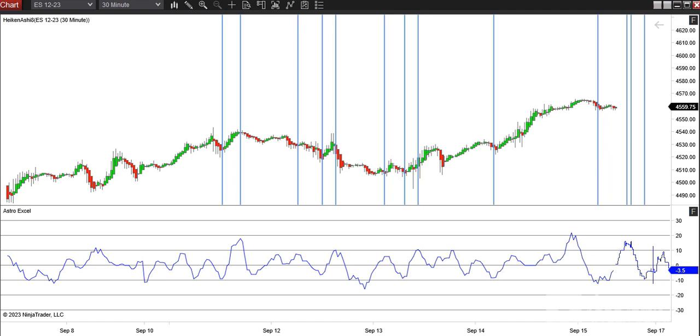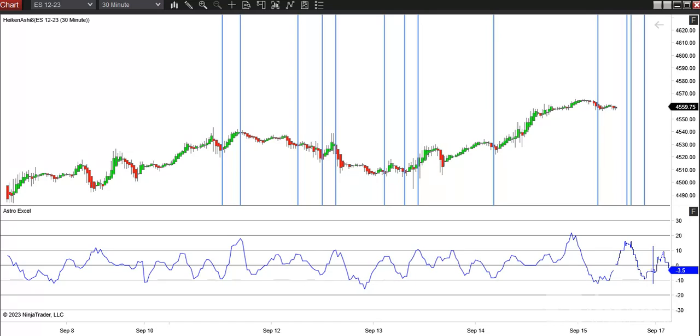What I've got on the chart here is the ES 30 minute, and I'm looking at the Astro Excel indicator, but I'm only looking at the blue line right now. What I want to show with this is how the extremes of the blue line, when they're around the plus or minus 10 line or above, will cause pivots or be in the neighborhood of pivots.